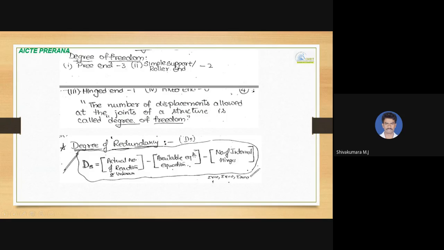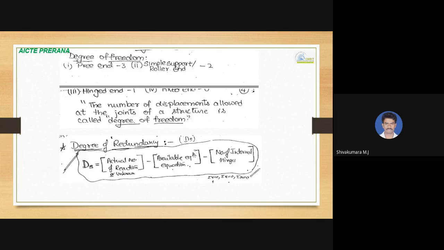When you come to a simple support or roller support, it offers a reaction in only one direction, that is normal to the surface on which it is resting. This roller support is free to rotate and free to translate in one direction. So the degree of freedom for this is 2, and in only one direction it offers the reaction or resistance.